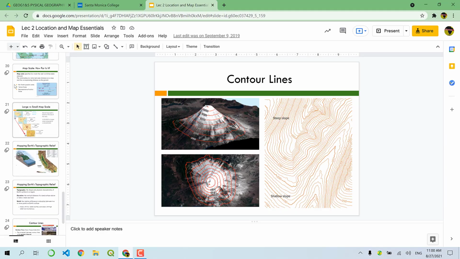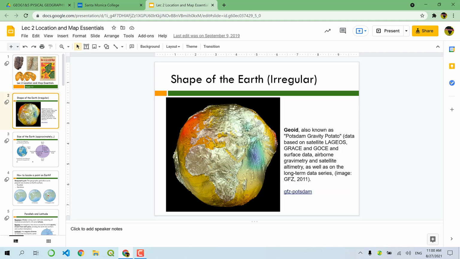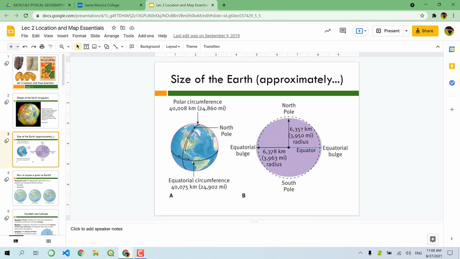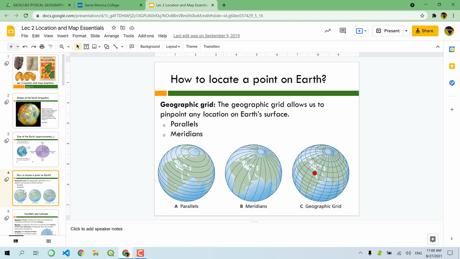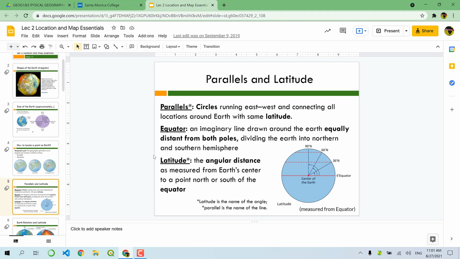Let me go back to highlight the key things. First, our globe is an approximation of an ugly potato, and the Earth has a larger equatorial bulge, so the equatorial circumference is longer. Very important, you need to know what parallels and meridians are, and how you use them together to pinpoint a location, using degrees of longitude and latitude.